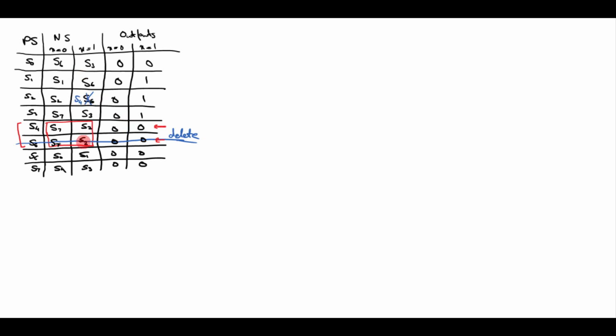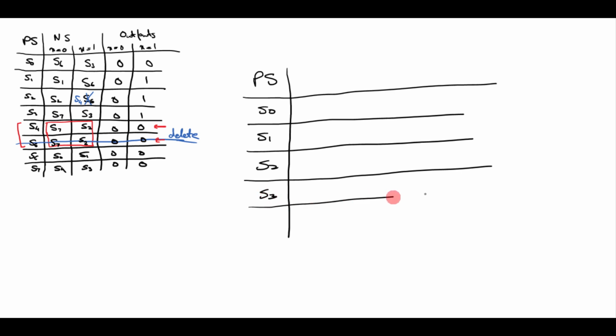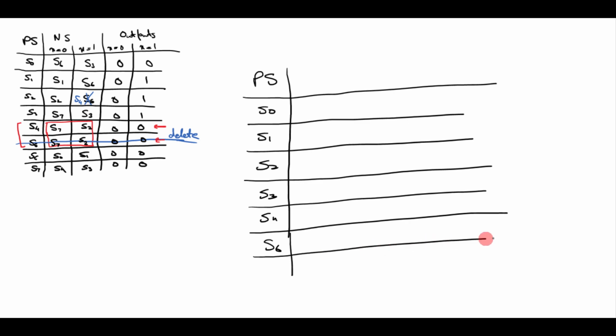So after removing this row S5, your equivalent state transition table will look like this. Now you have present states S0, S1, S2, S3, S4, S6 and S7.